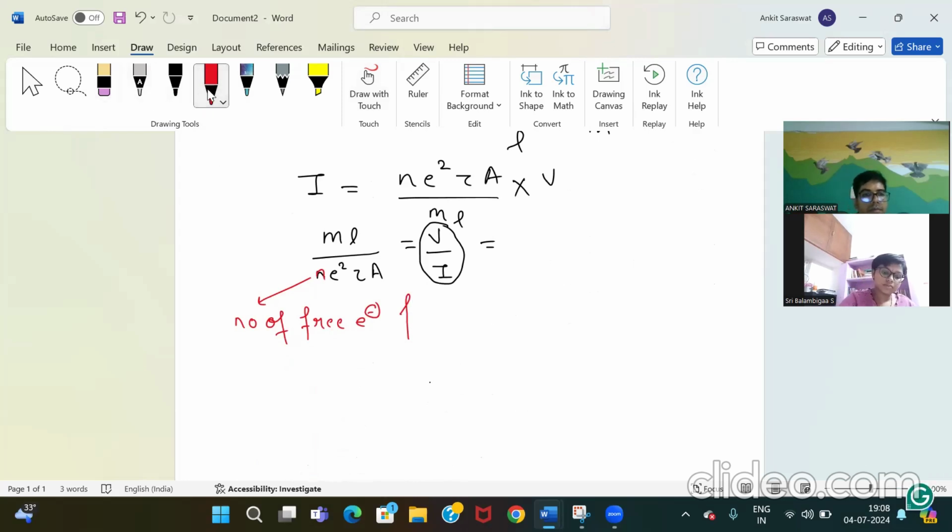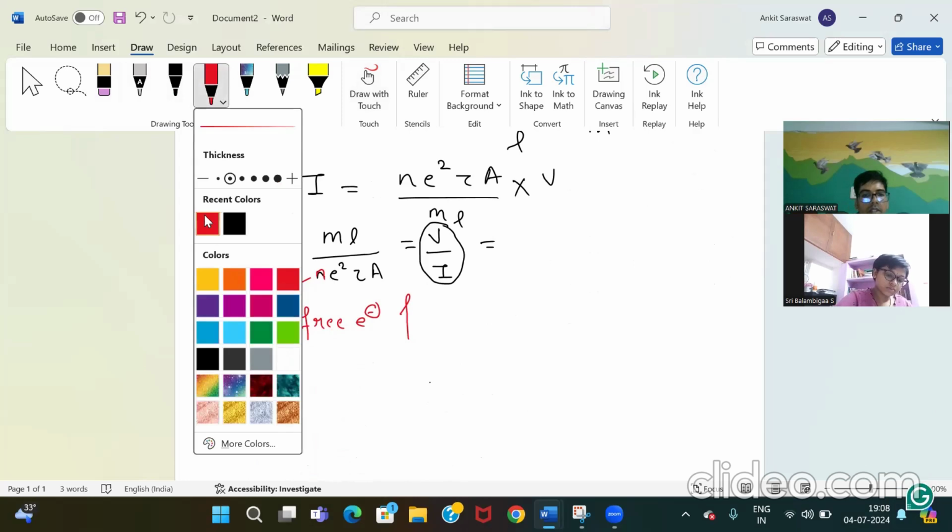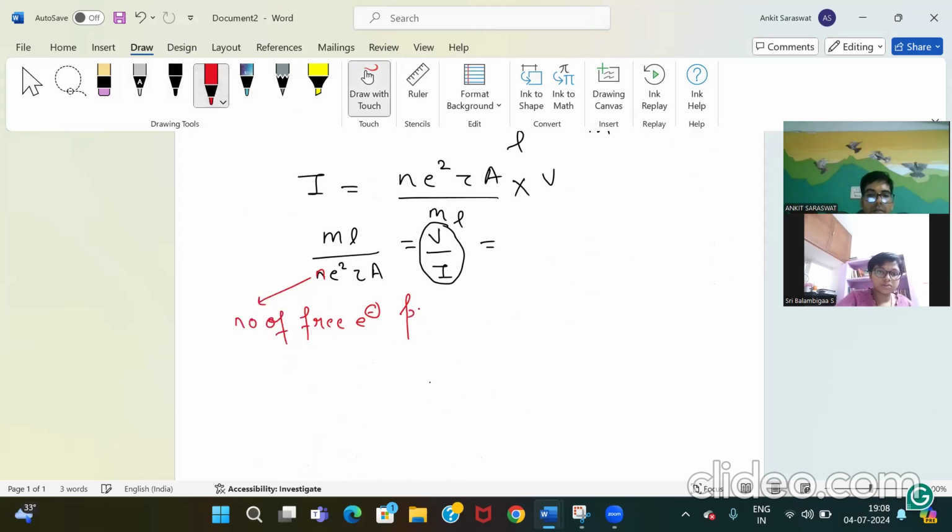Clear? What is n? n is the number of free electrons per unit volume. Clear?